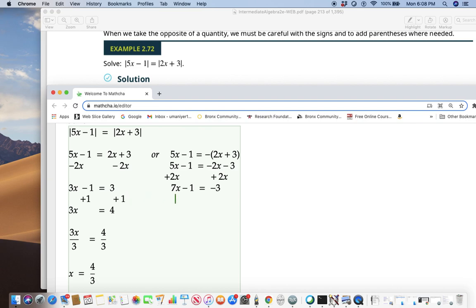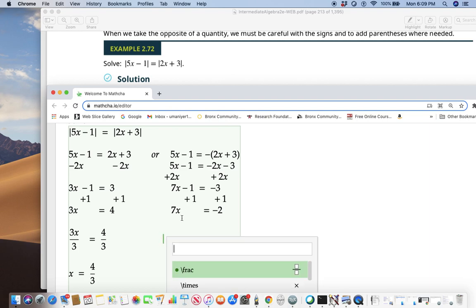Again, to solve for x, I will add 1 to both sides. This gets me 7x by itself equals negative 3 plus 1, which is negative 2. Lastly, divide both sides by 7.